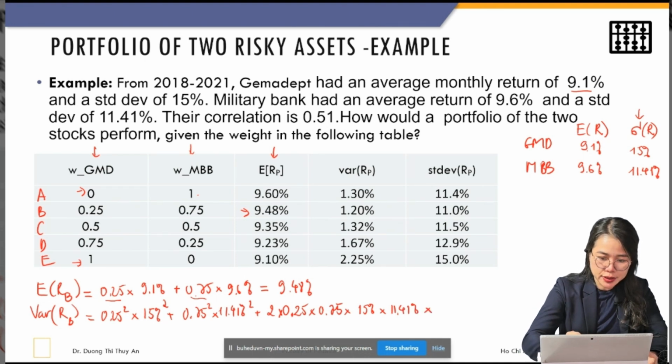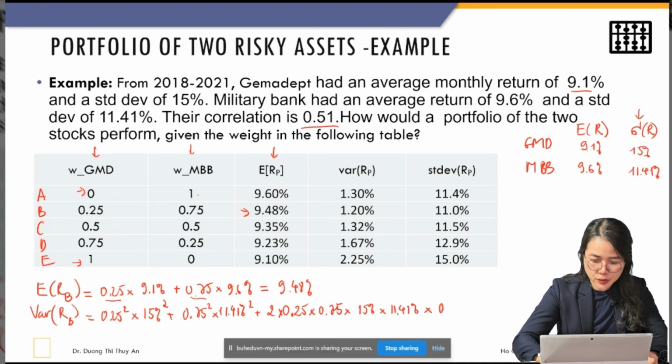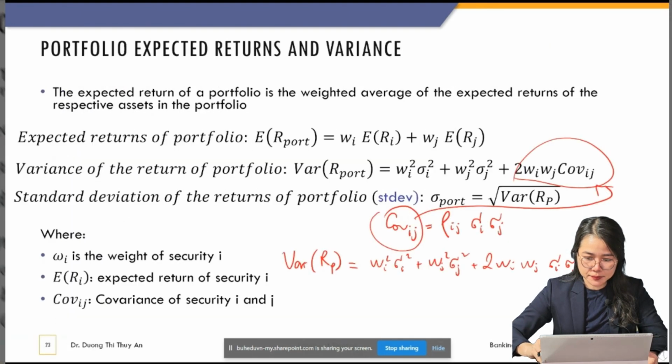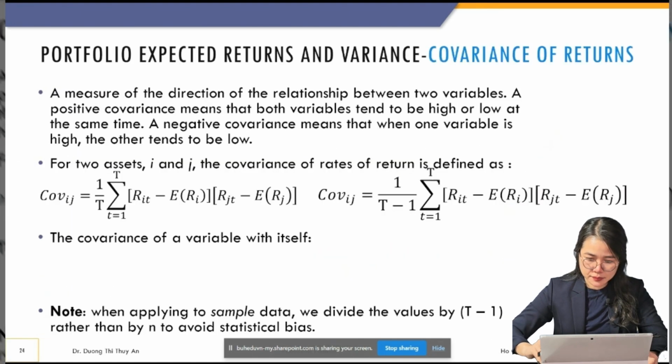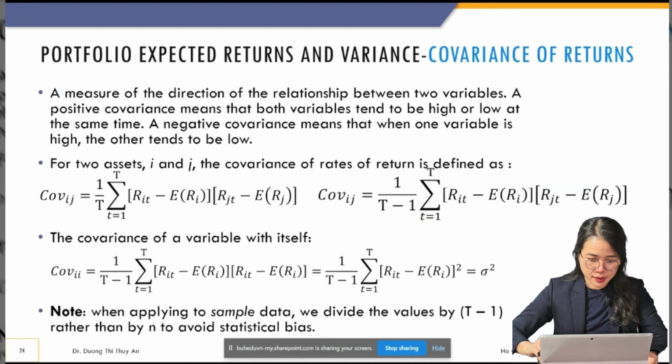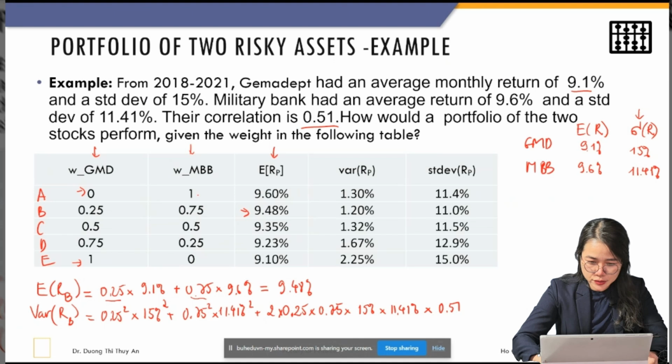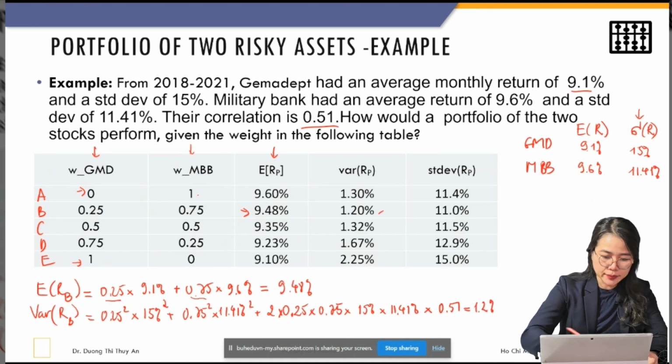And we had the correlation 0.51. This equals 1.2%.